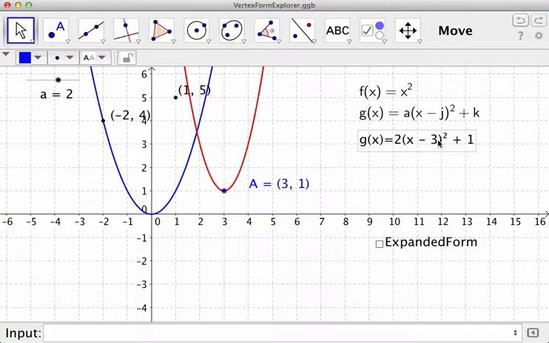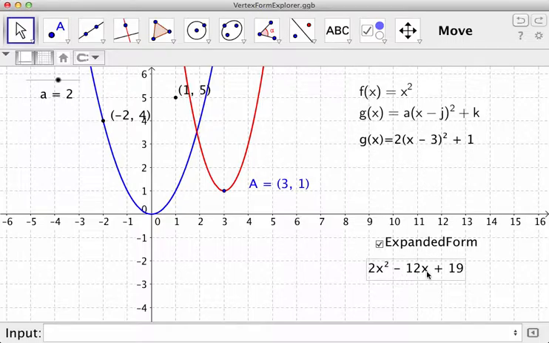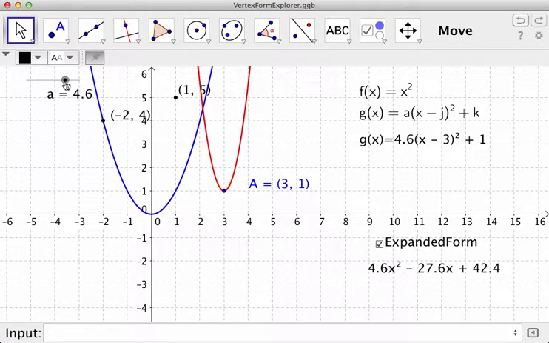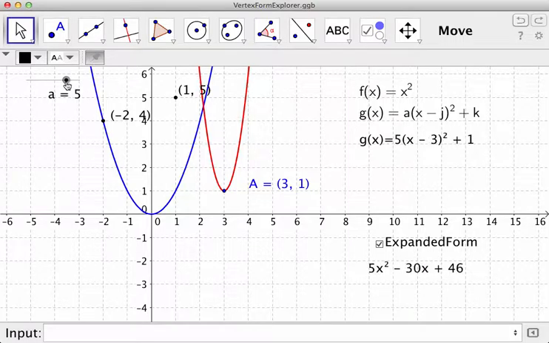So the x minus 3 squared and the positive 1 still stay the same, even though we've now changed the value of a. In the expanded form, however, we now have to take that into account, and so we now have 2x squared minus 12x plus 19. As a changes, you can see the expanded form will change, but in the vertex form up here, the only thing that's changing is this number right here.